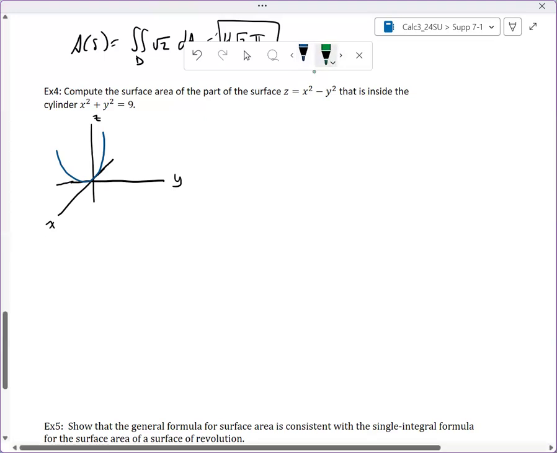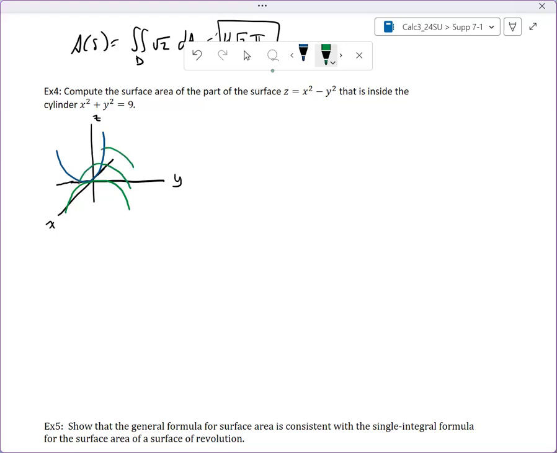We have something that looks like this. So from y's perspective, we look like a parabola opening down for each choice of x, and from x's perspective, we look like a parabola opening up for each choice of y. Or really what we have here is a saddle point type function.